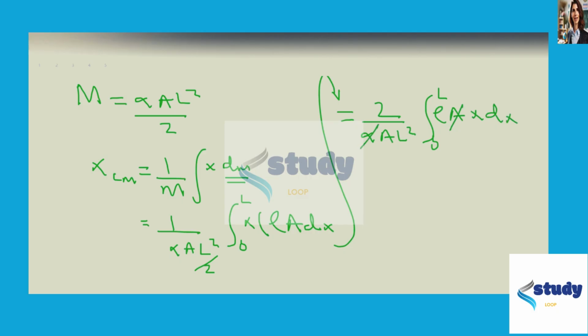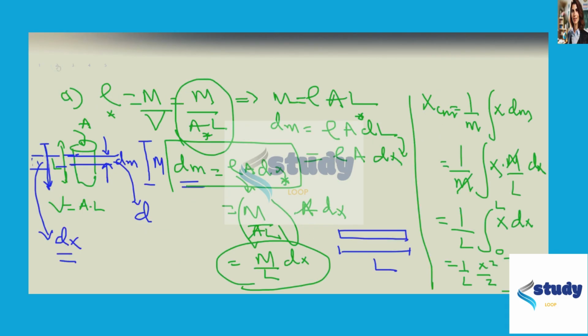These two A's cancel out. This A and that A cancel out. The A's cancel out. And then we also had another x.